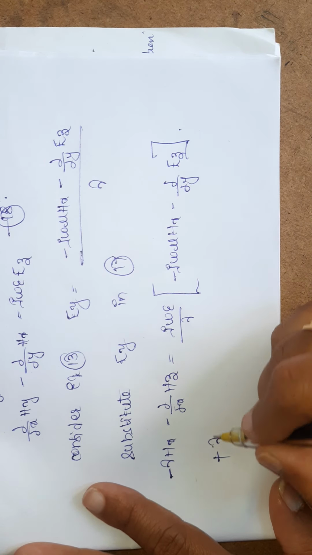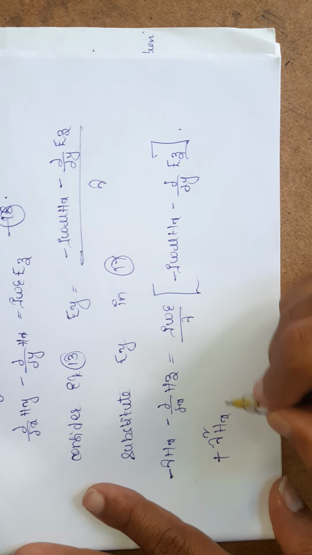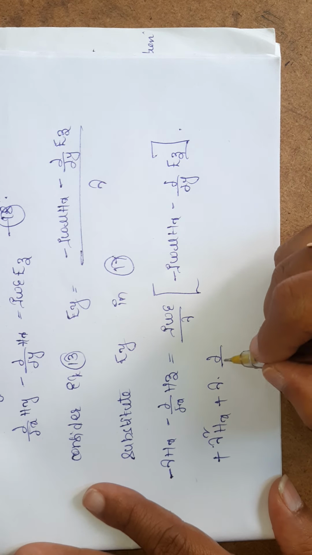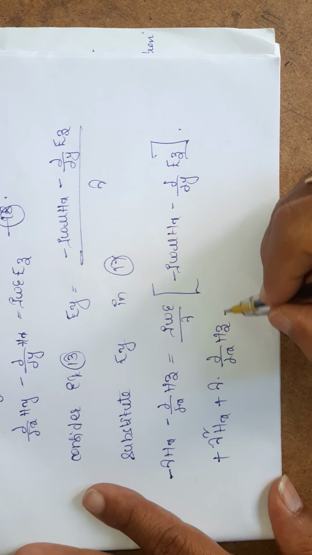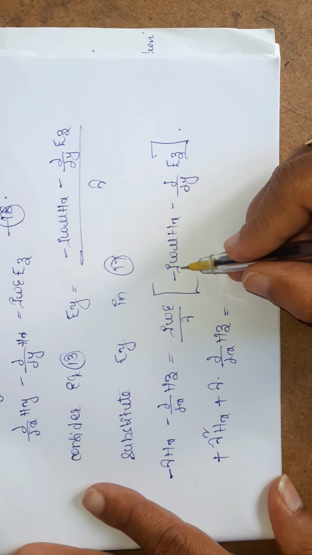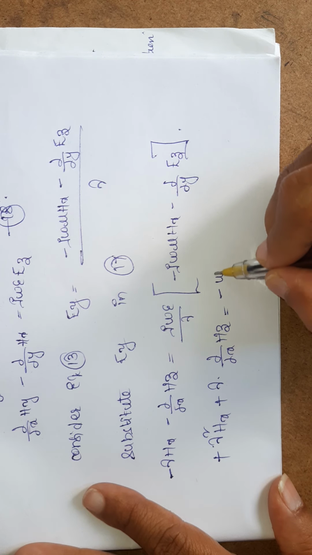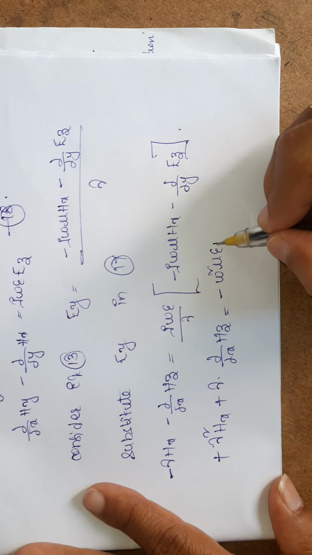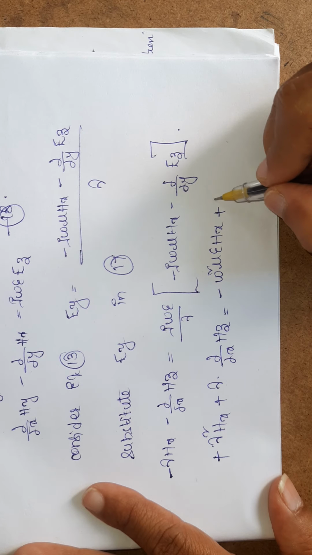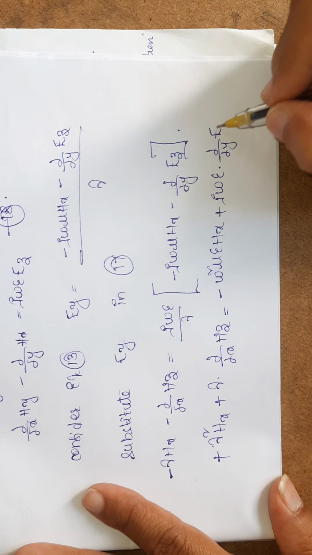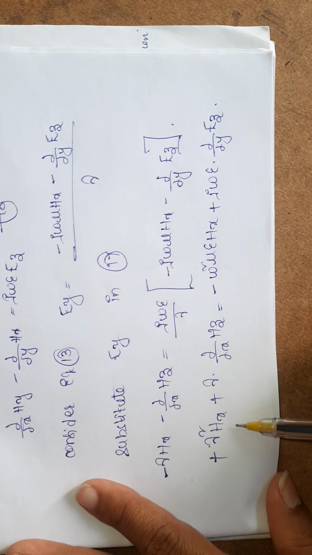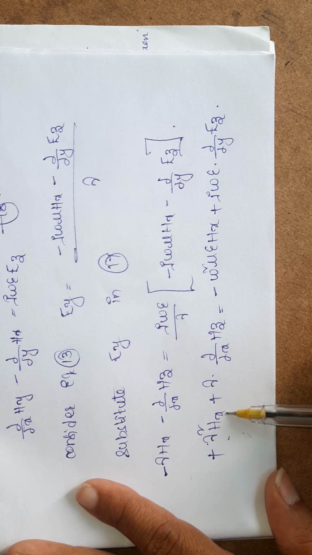So I will get gamma square Hx plus gamma into dou by dou x Hz is equals to j square minus omega square mu epsilon Hx plus j omega epsilon into dou by dou y Ez. Now take the Hx terms on the left side and take out Hx as a common term.